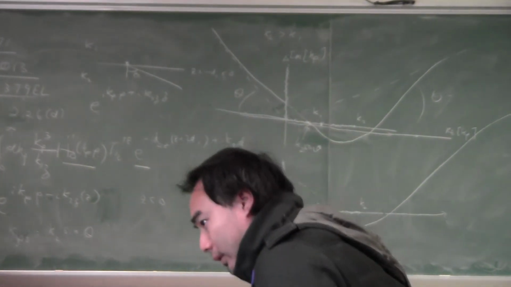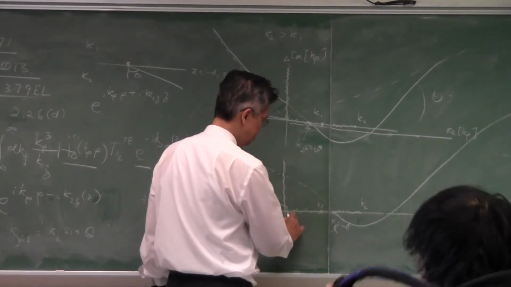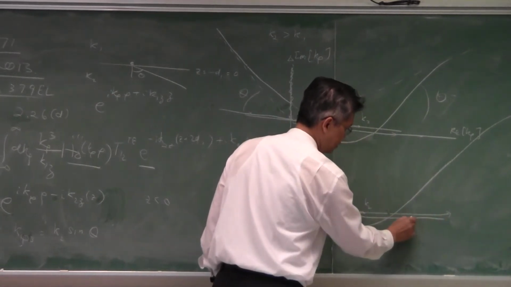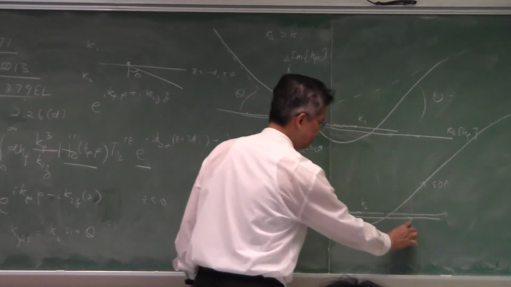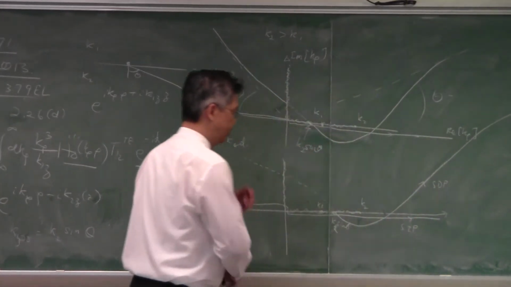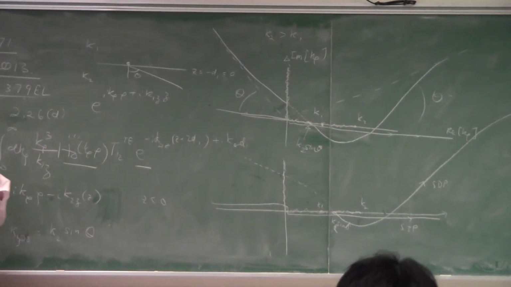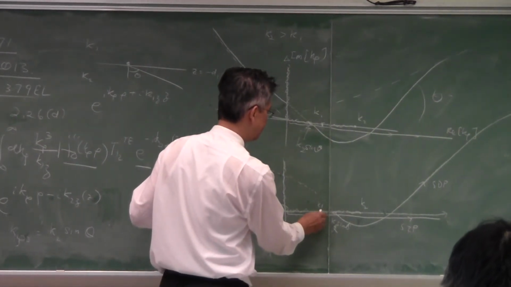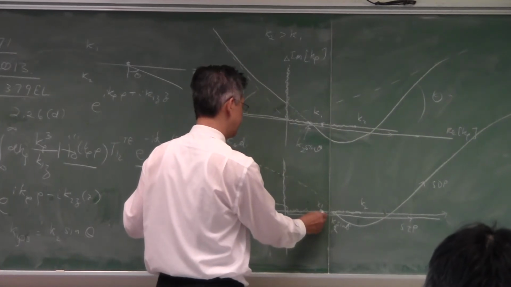So you cannot deform from the SIP directly to this SDP. You cannot detour from SIP to SDP. So what must you do? You must add an additional path. The additional path is the path that goes through the k_1 branch cut, or k_1 branch point.